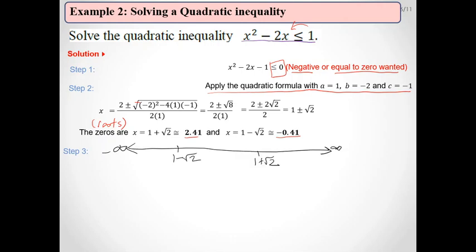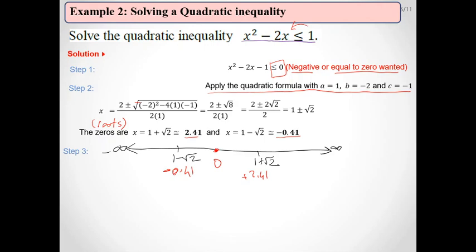So you make the real line and you put these points. Where is 0? It's here, 0. And this is about negative 0.41, and this is about 2.41. So 0 is between them.